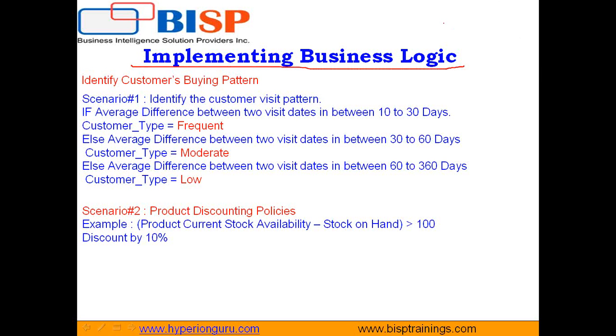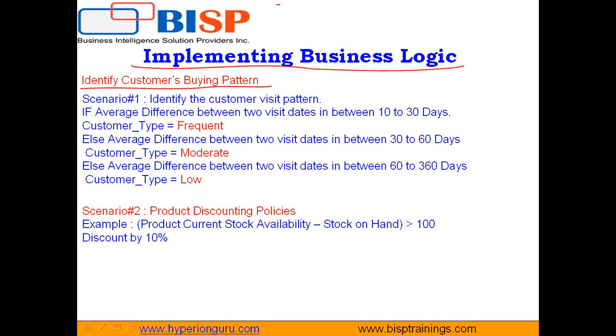So another example I've used, all kinds of business logic we use in the semantic layer. Identify customer buying pattern, because in the last session we are going to talk about implementing retail analysis. So I want to identify customer buying pattern. This is the requirement given to me from the business design document.